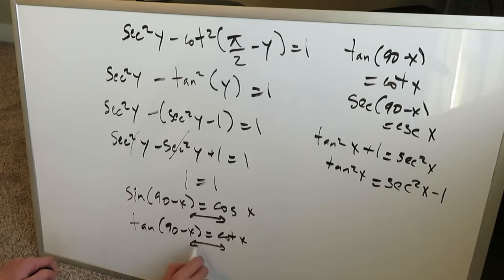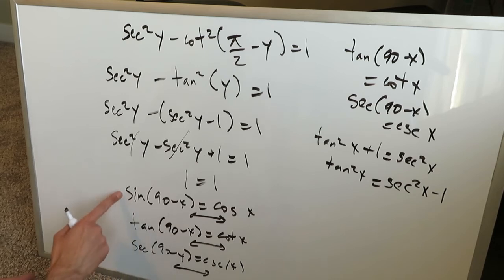It'll also work backwards. For the same type of identity, secant of an angle will be equal to cosecant of its complement, and it'll work backward. That means here you could have put cosine, here would be sine, here you could put cotangent, here would be tangent, here you could have been cosecant, here would be secant. So you can flip-flop all of these. But these right here are the cofunction identities you should be aware of.